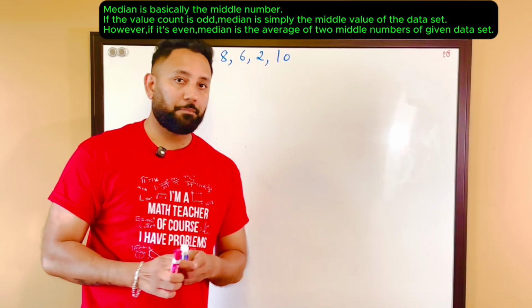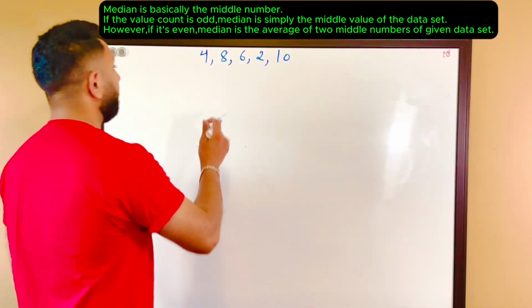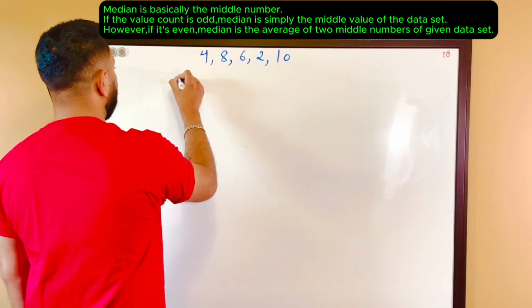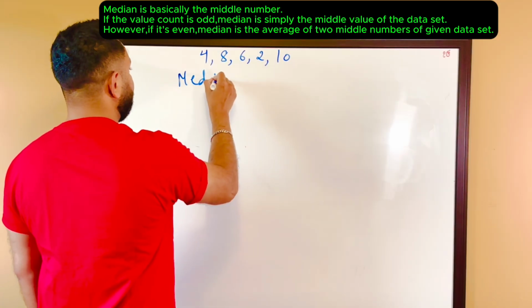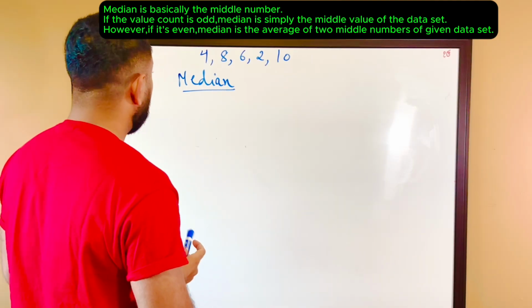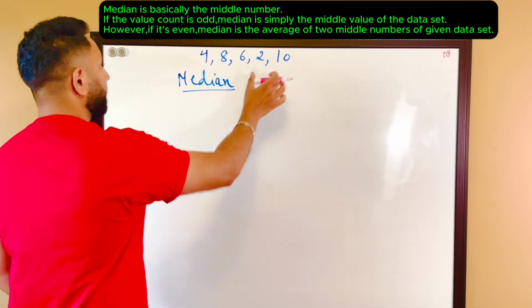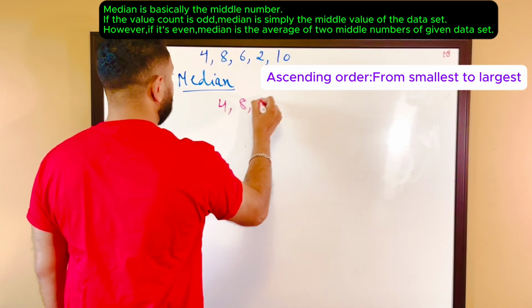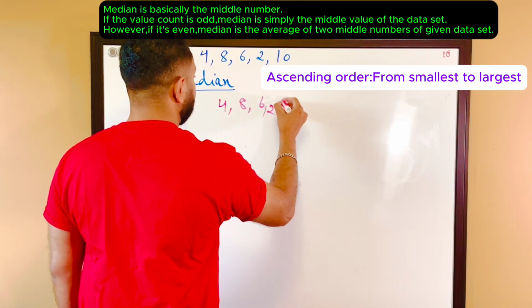Now we're going to do one example in order to decipher the topic well. If we are given this data set and we need to find the median of this data set. First of all, we're going to arrange this data set in ascending order. So 4, 8, 6, 2, 10.